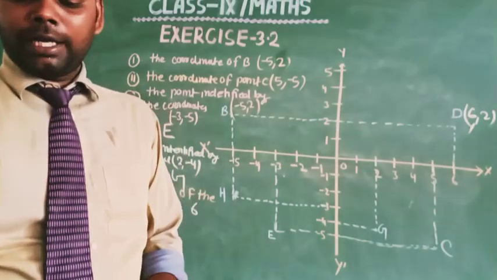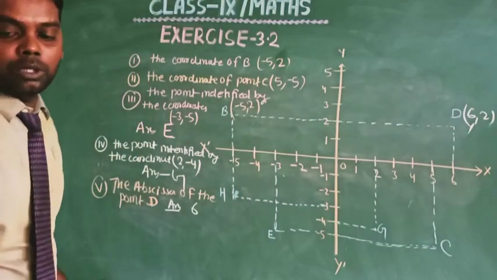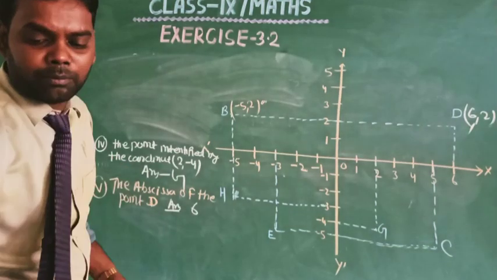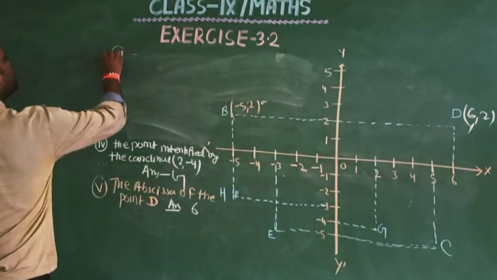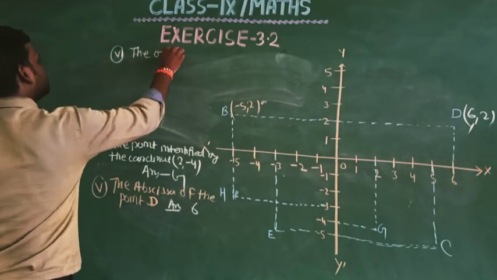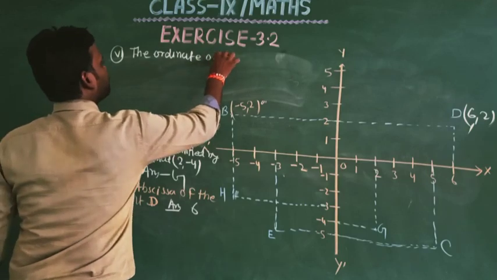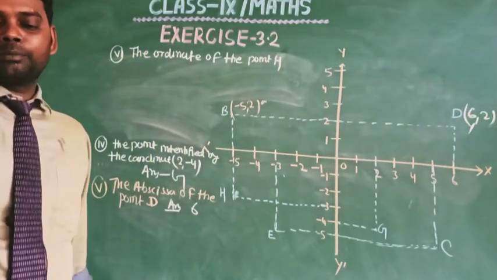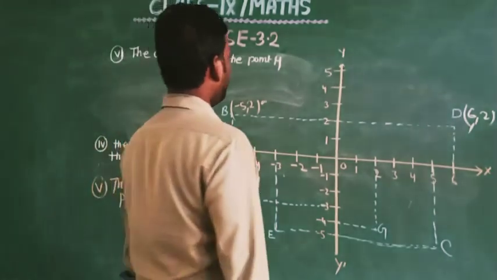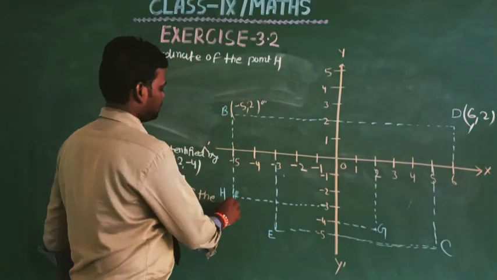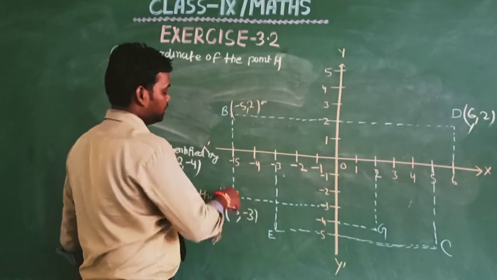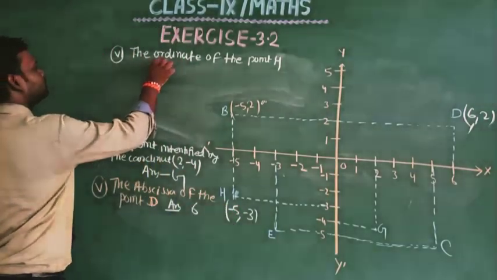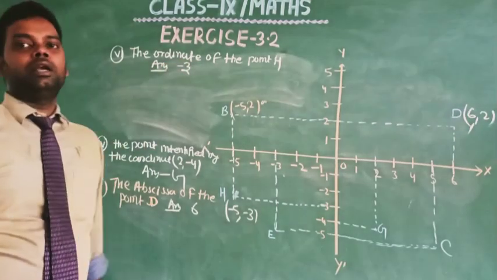Next, we have to ask the ordinate of the point H. Ordinate means the y coordinate. So the ordinate of point H is -3.